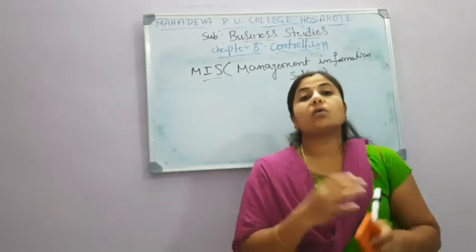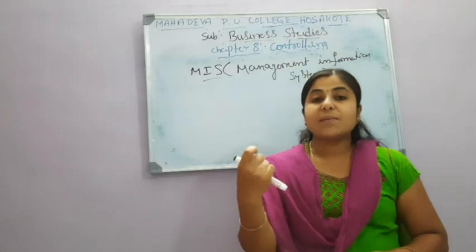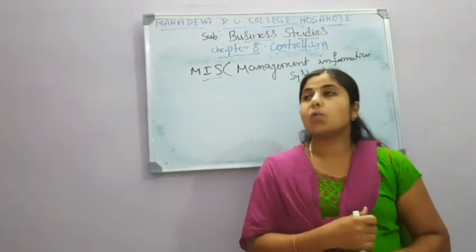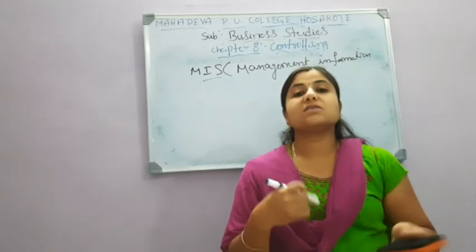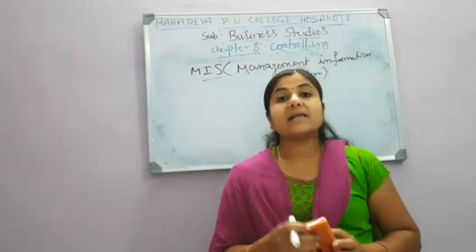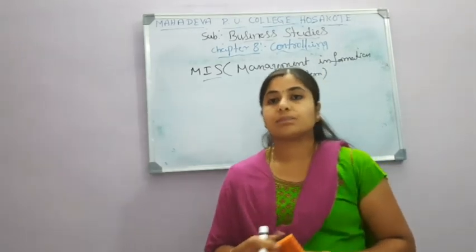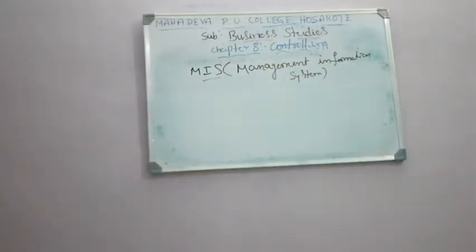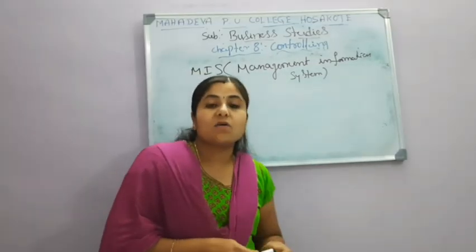At the time we set the standards also, we implement this technique of management information system. It always provides the complete guidelines to the managers. So this is the concept of management information system.